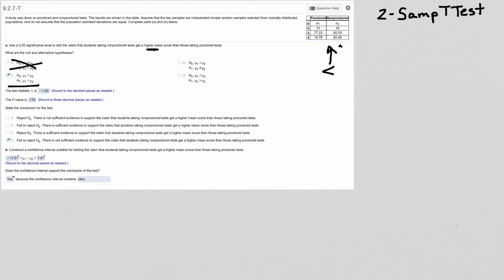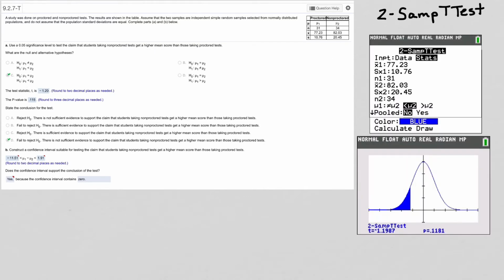If we did, we would do a two-sample z-test. They never give those in your textbook, so don't choose that. And we are not assuming that the sigmas are equal to each other, even though they're unknown. So we're going to say no to pooling when we do the test.